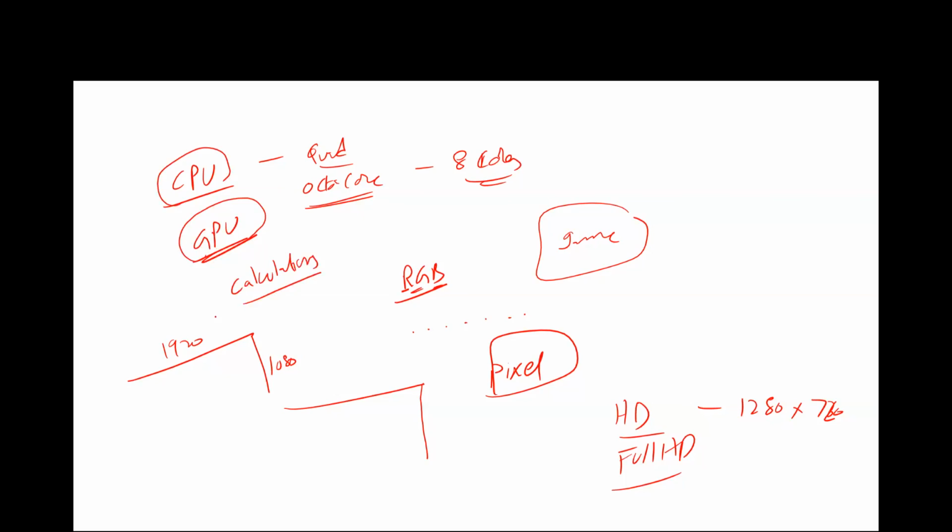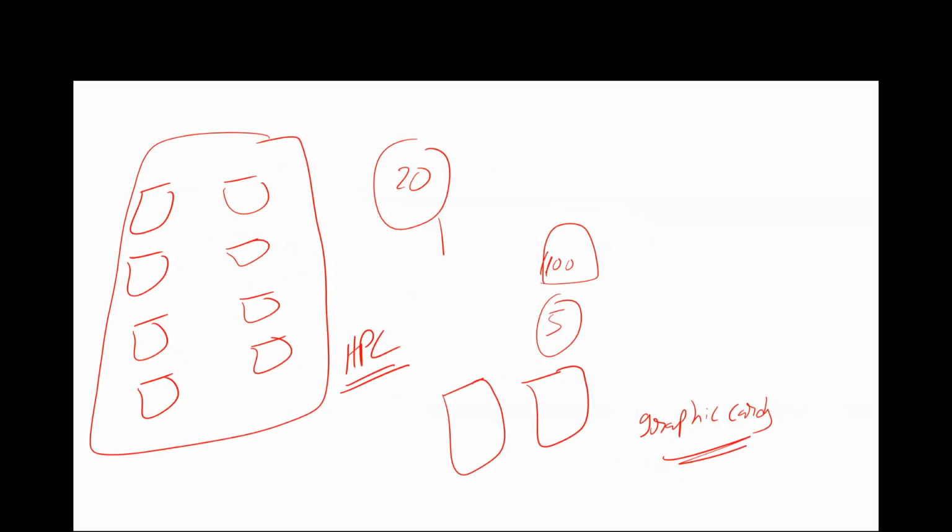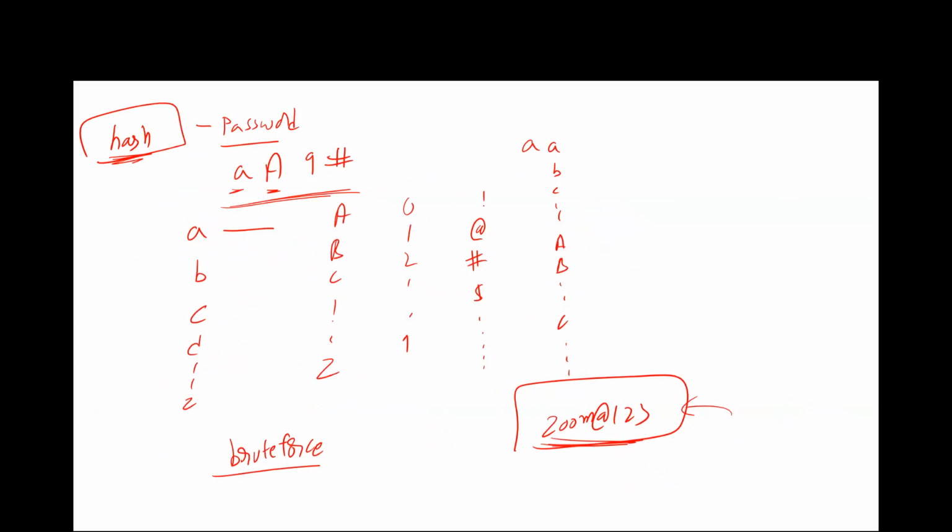I'm not speaking about application logic or anything. I'm only speaking about raw power in performing calculations. Why am I only speaking about raw power in performing calculations? If you have to perform brute force, what are we trying to do? We take some combination, and for this combination, we calculate a hash value. We take up some combination and calculate a hash value for that particular combination, right?